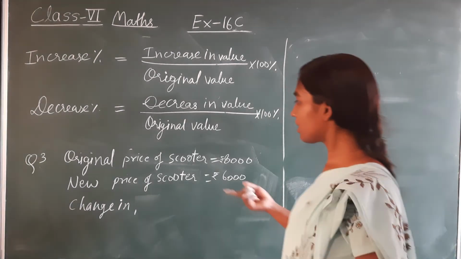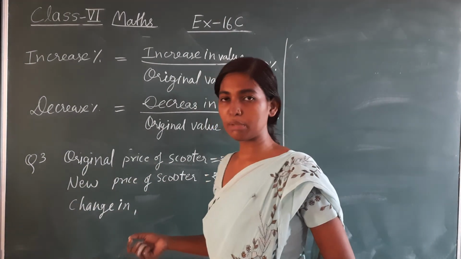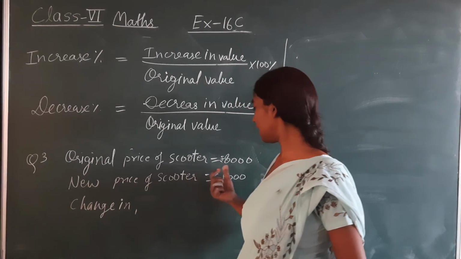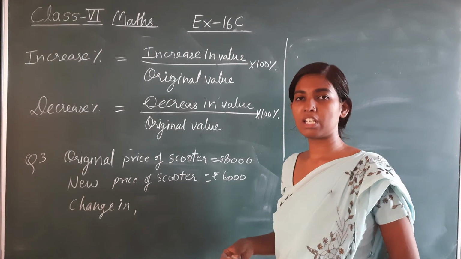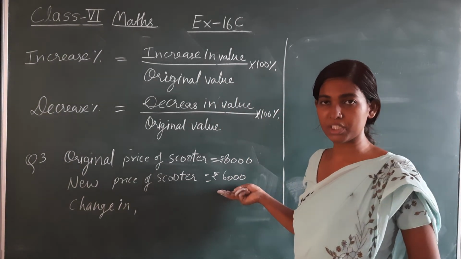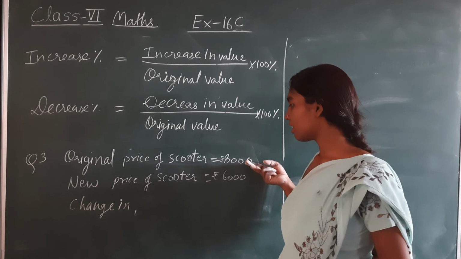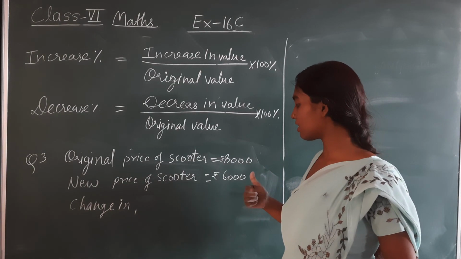Now question number 3 is saying that in the beginning the price of a scooter was 8,000 rupees, and after some time the price of the scooter has changed and the new price becomes 6,000 rupees. Here you can see the original price is 8,000 and the new price is 6,000.